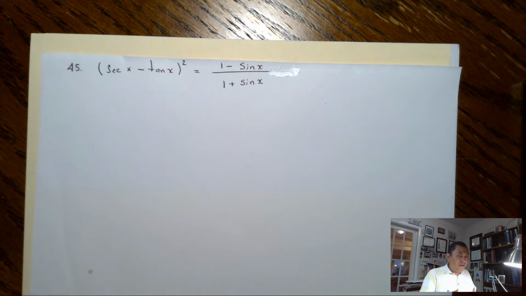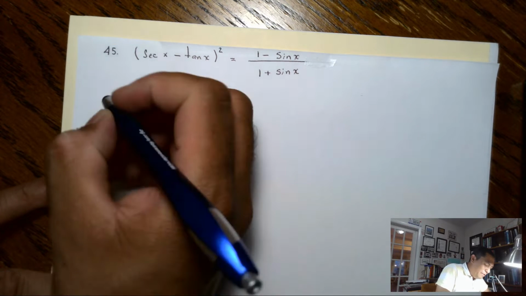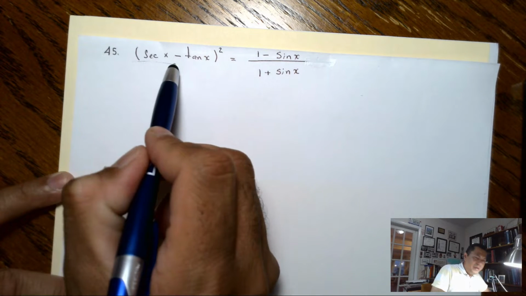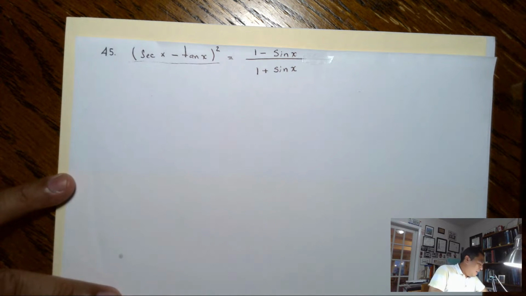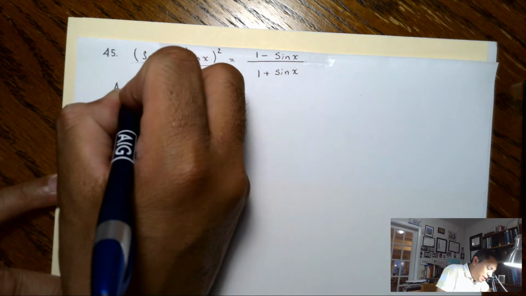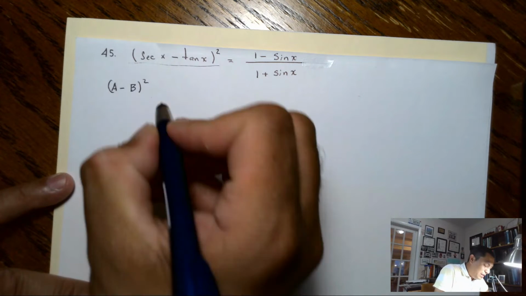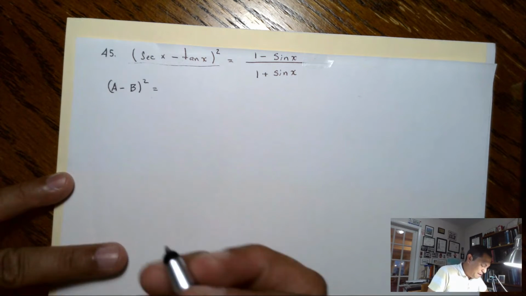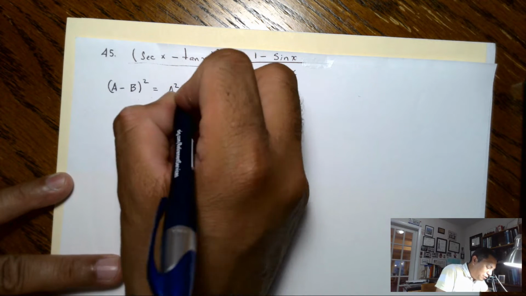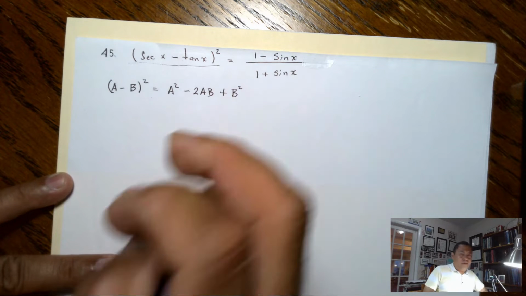Talking about factorization, if I look at the left side of this problem, I'm thinking of (a minus b) squared. This is a formula that you can see in every single textbook: a squared minus 2ab plus b squared.